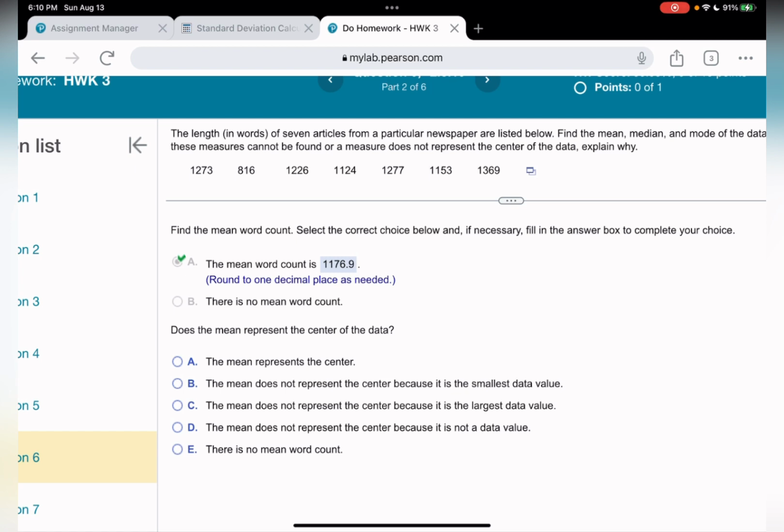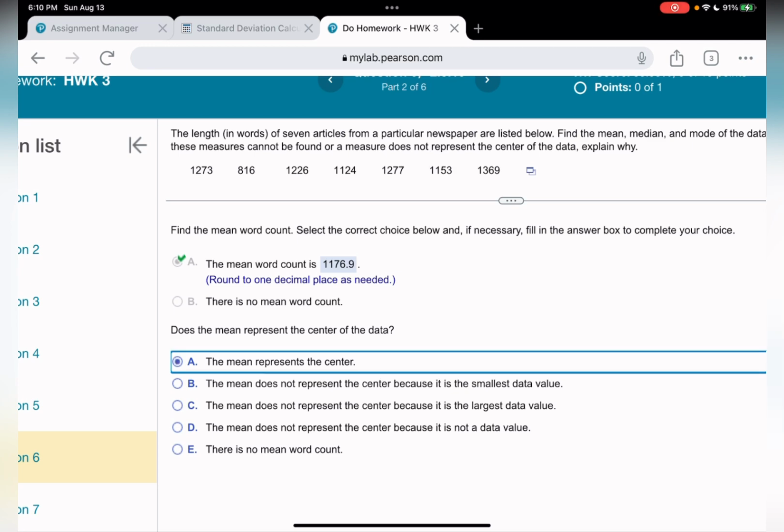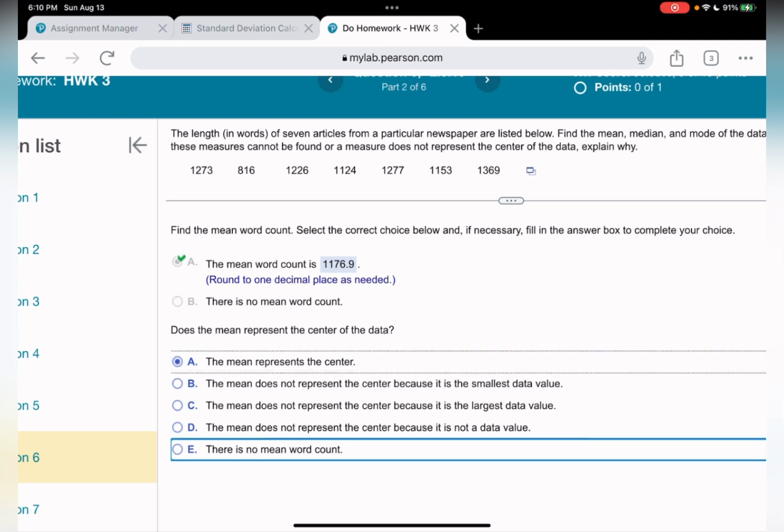So, let me see, mean does not represent, that is not right. Mean does not represent, I don't even want to read the continuation. The mean does not represent. Also, I'm not going to read, there is no mean word count. This is also nonsense because we have numbers, we can count. Therefore, I'm choosing the mean represents the center.